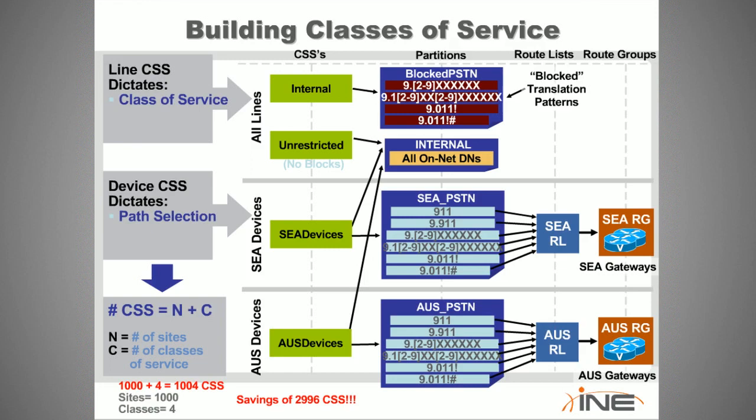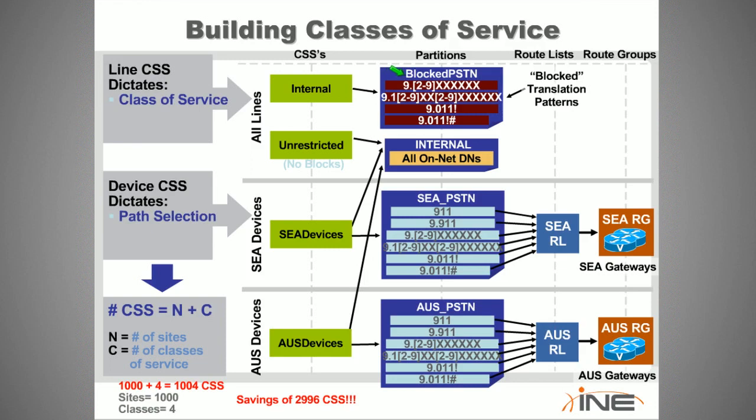Yes, the CSS for internal blocks everything except internal. And the reason internal is allowed has nothing to do with the CSS on the line, but because the device points to the internal partitions. Right. So for the local, if we wanted a local class of restriction, the local CSS would point to a partition, and that partition would have the patterns in it. So in this case, we'd split it up.